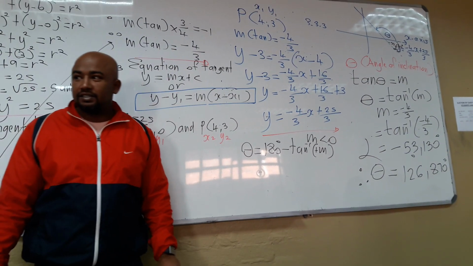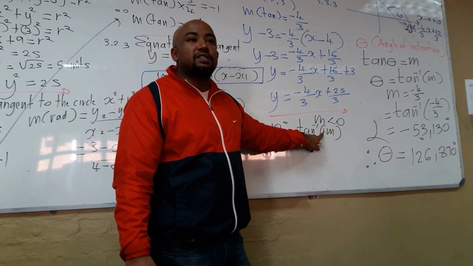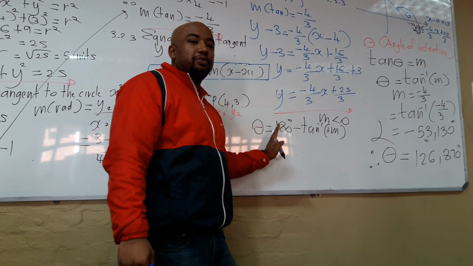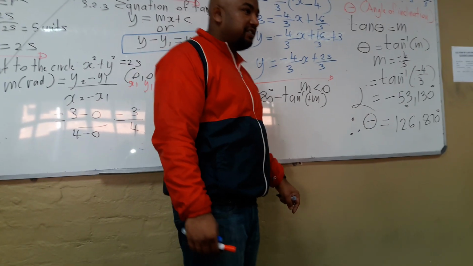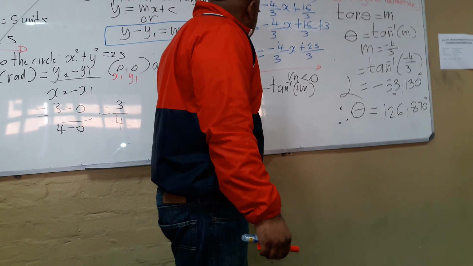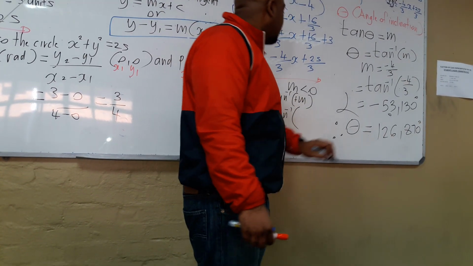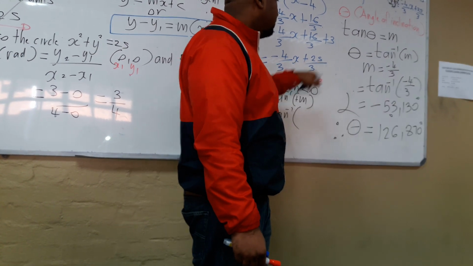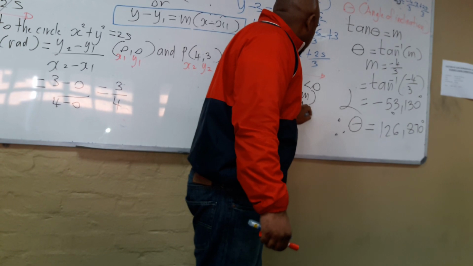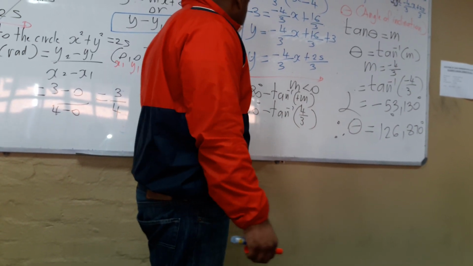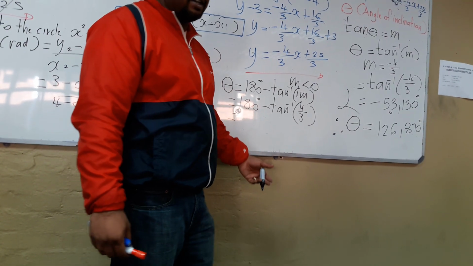Follow what I'm saying? Okay. So now, if you always include the positive, then you need to put 180 minus, considering that your gradient was given to you as negative. So that will be 180 degrees minus inverse tan of m, and you take m as positive. Okay, so that will be 4/3. So then, you're going to get the same thing, you understand that?